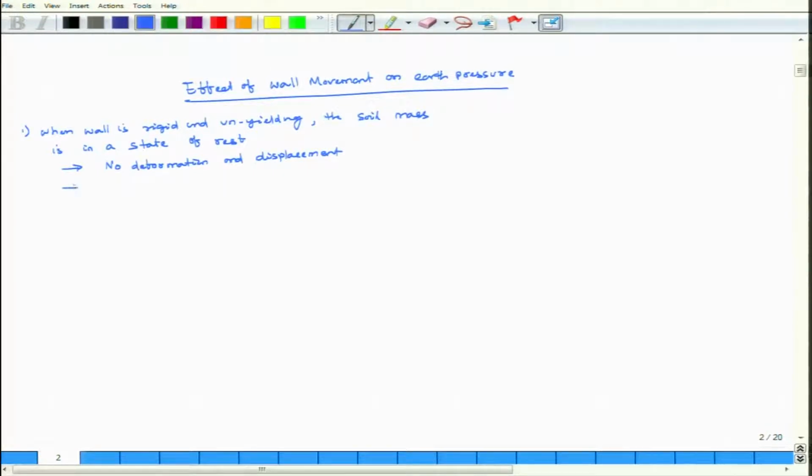And the earth pressure corresponding to this state is called earth pressure at rest. So the first one is your earth pressure at rest. What does it mean?